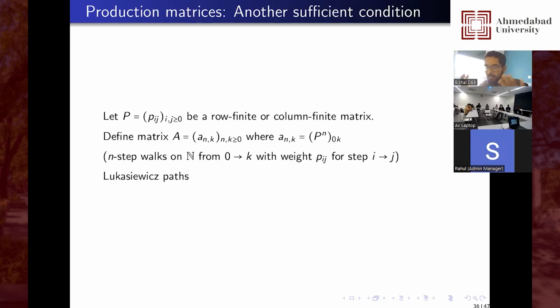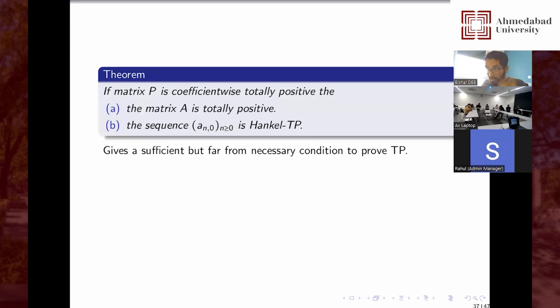And again, you see there's a lot of lattice path combinatorics that's involved. So here you have another class of paths which are known as Lukasiewicz paths. I won't go into details, but here is the theorem.